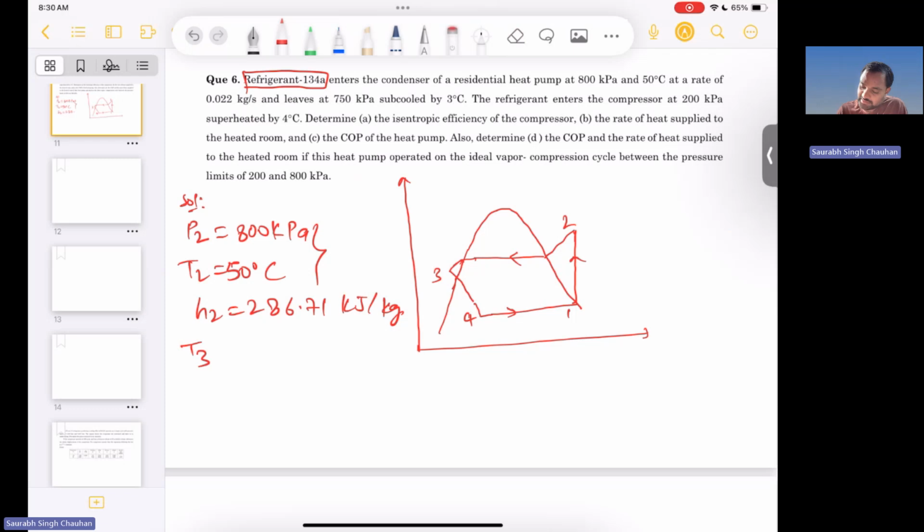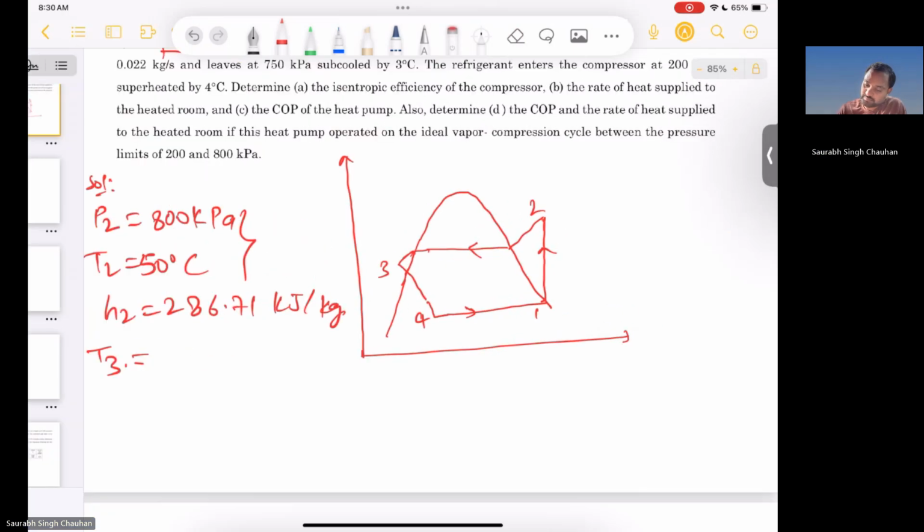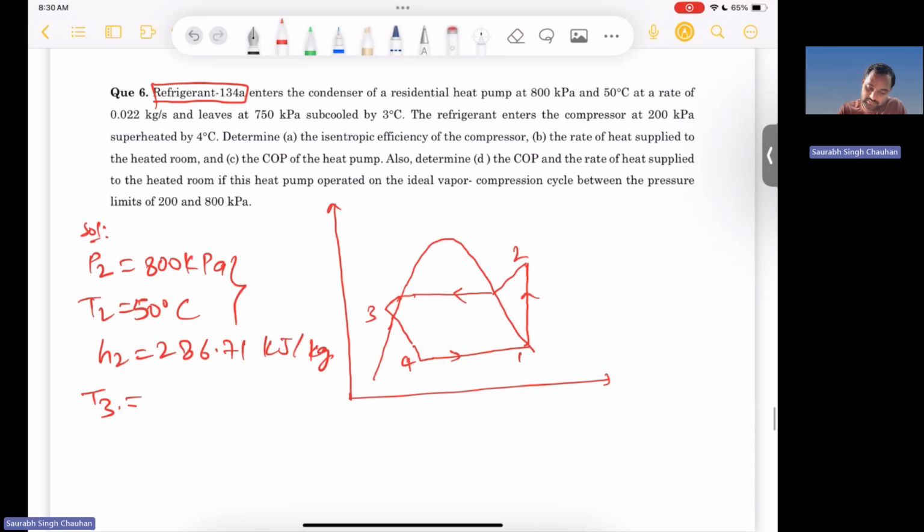Okay, so at T3, point 3 is not at the saturation line, it is near the saturation line, and it is subcooled by 3 degrees Celsius. So first you need to find the saturation temperature at point 3. At point 3, pressure was how much? 750 kilopascal.